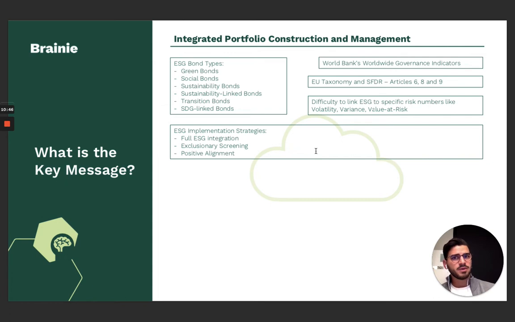Then another big and important topic in the chapter is about emerging standards for ESG investing, specifically the EU regulation, including the EU taxonomy and Sustainable Finance Disclosure Regulation, or SFDR for short, which have introduced the 3 articles by which every financial instrument will be classified in EU countries, which is Article 9, representing dark green investing, Article 8 is light green, and Article 6 is traditional or other investments.